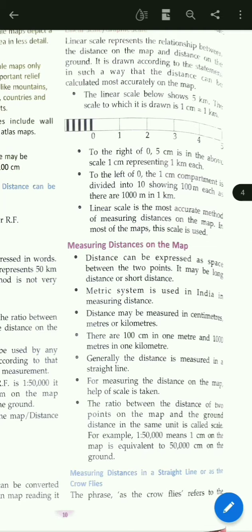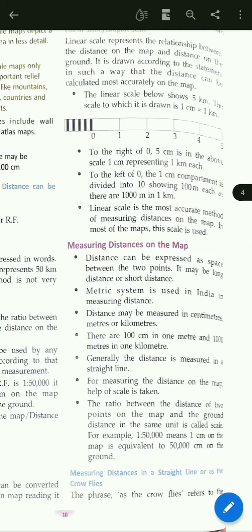Okay students. So here, to the right of the 0, 5 kilometer distance is taken.